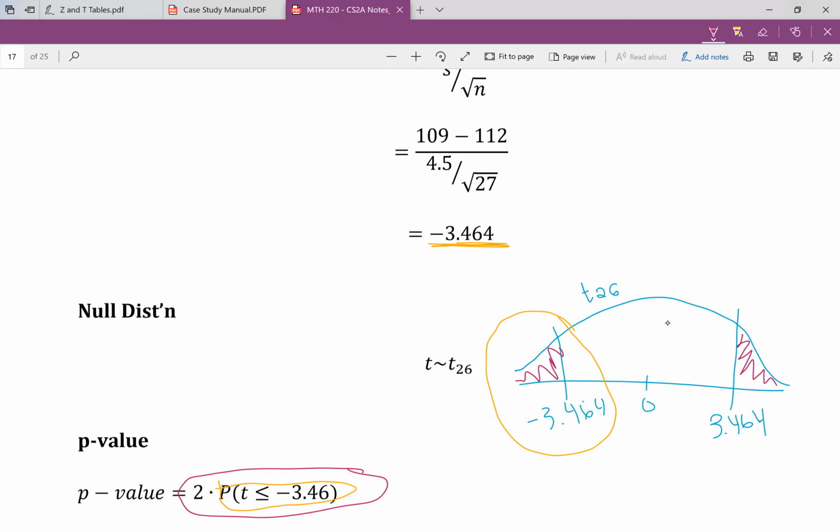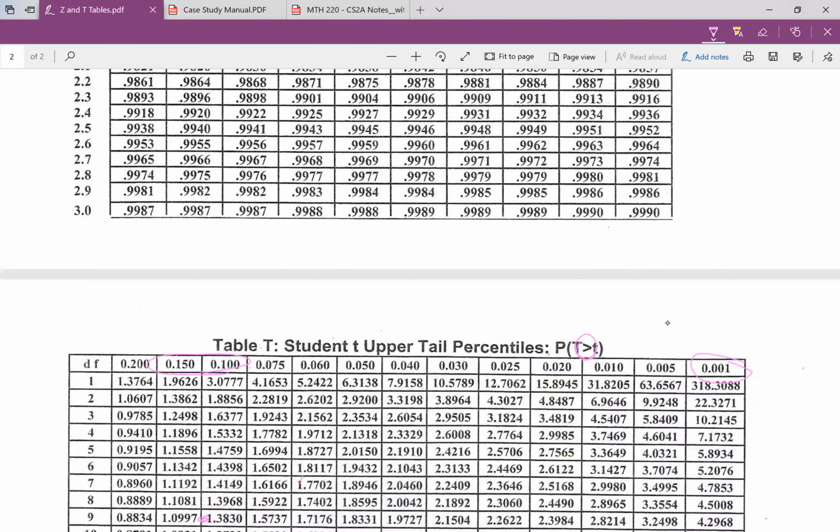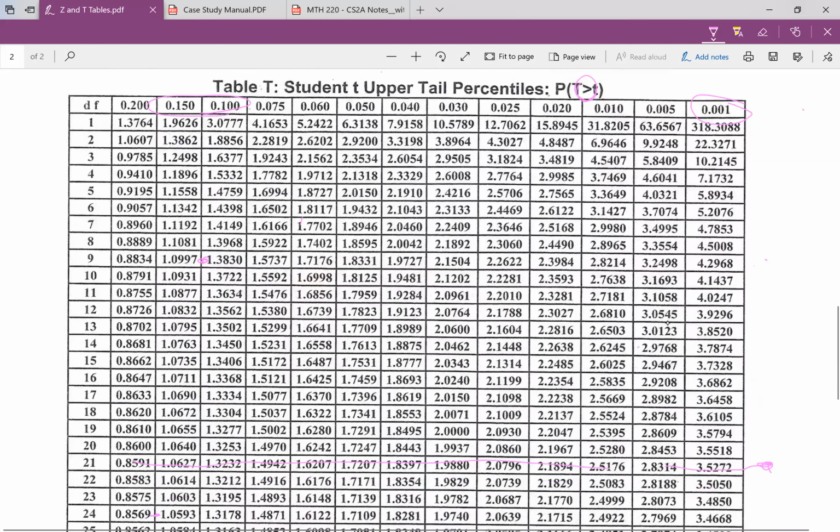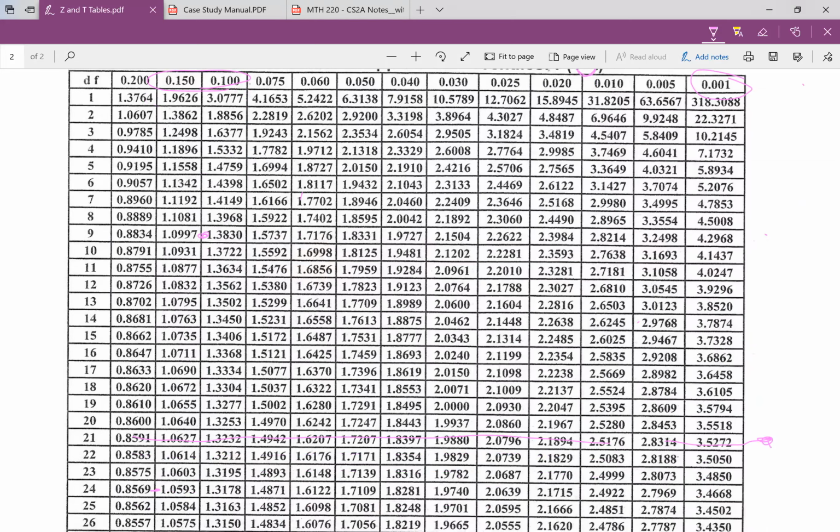When we go to the chart and look up this over here, that's because we have to utilize what our chart gives us. So our degrees of freedom was 26. Let me clean this up just a little.